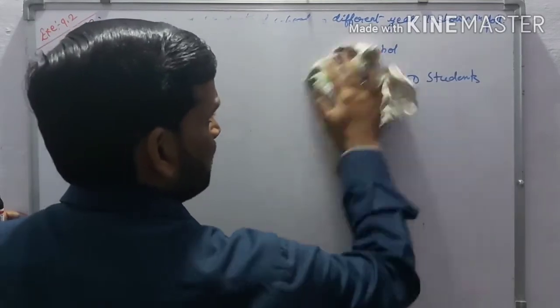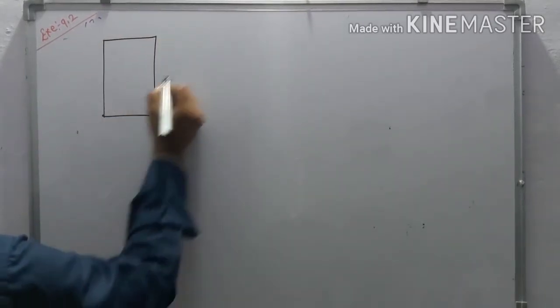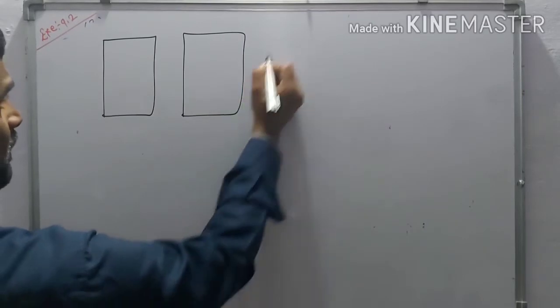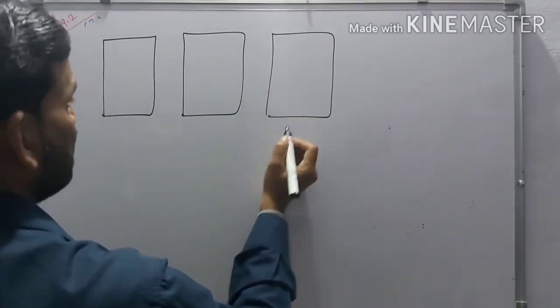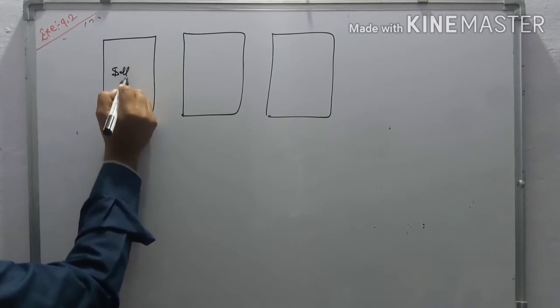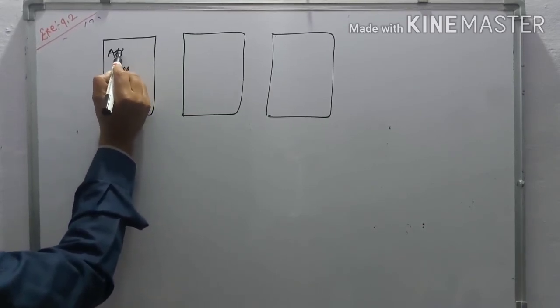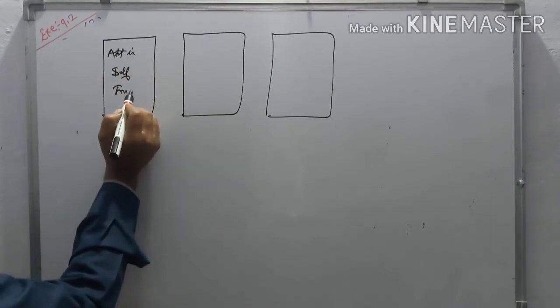Okay. Now some information regarding the art and integration file. Suppose you have drawn a file page. Okay. This type of file page. First page of the file is the self introduction, it means art integration headings. Okay.